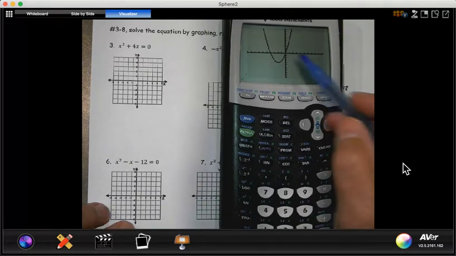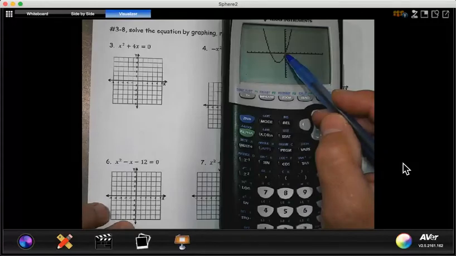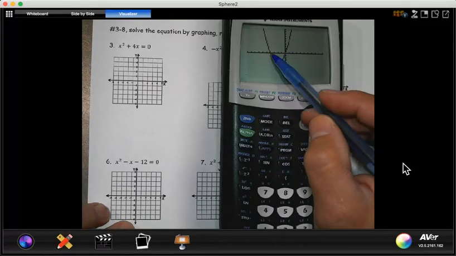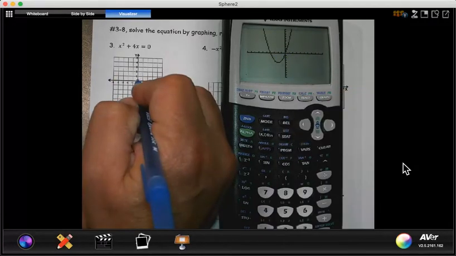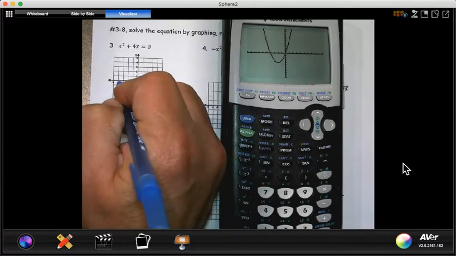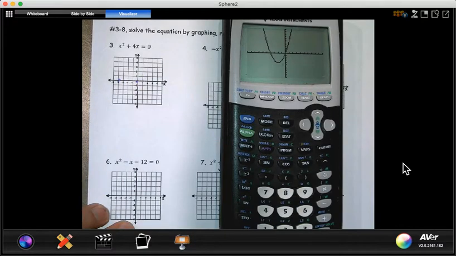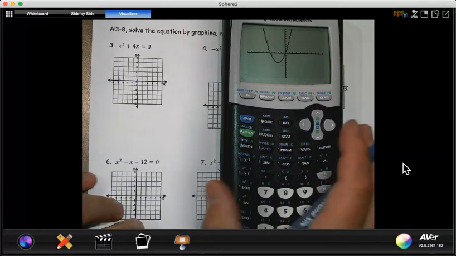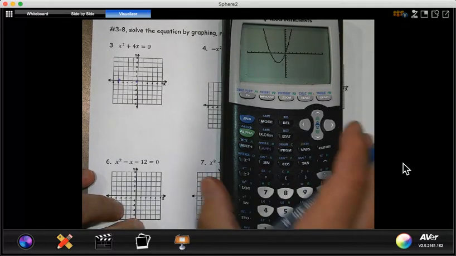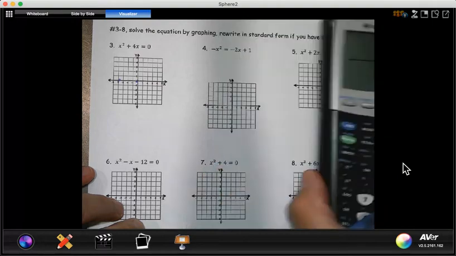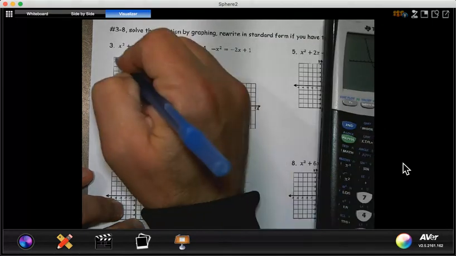So I see zeros at 0 and -4. So 0 and -4 is where my graph crosses. Now I'm going to trace my parabola through those points.